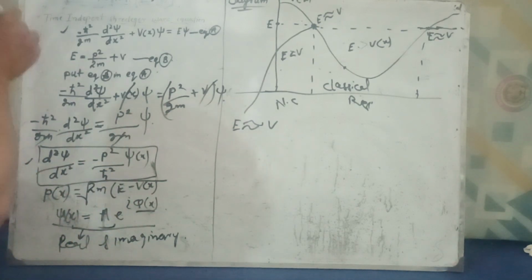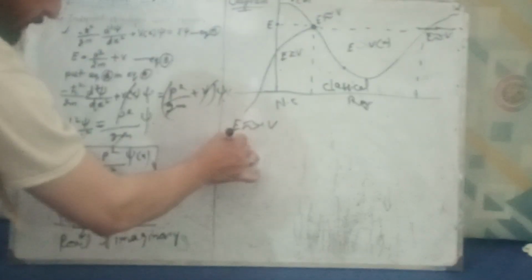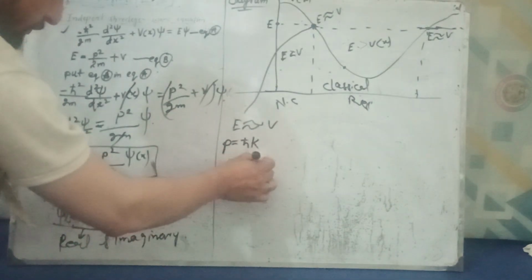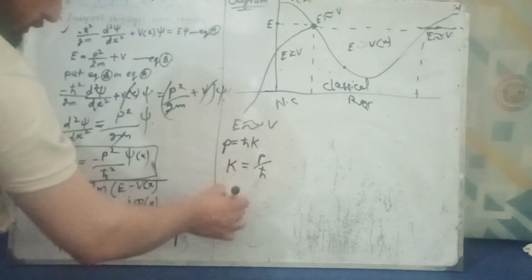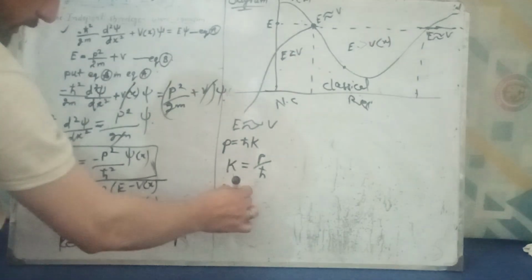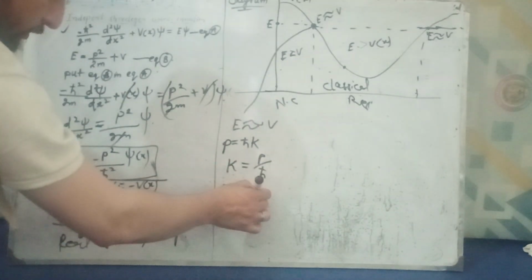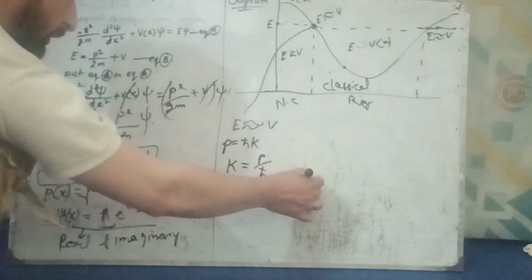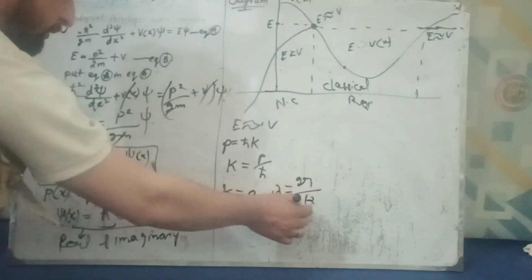If the momentum is 0, then p is equal to h cut k, so k is equal to p by h cut, and k is equal to 0. It means that the de Broglie wavelength lambda is equal to 2 pi divided by k.